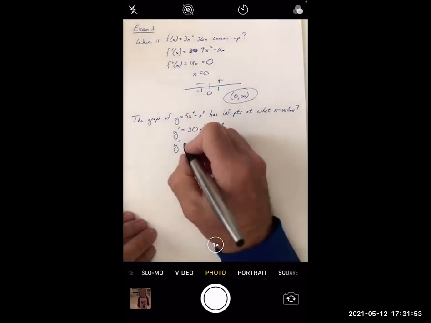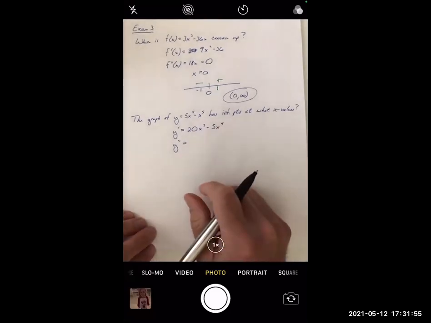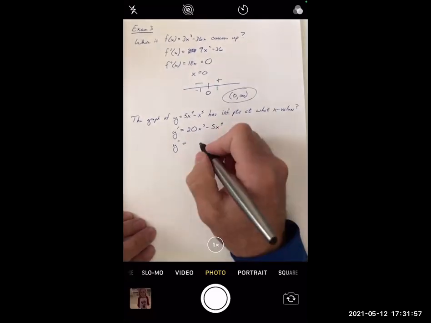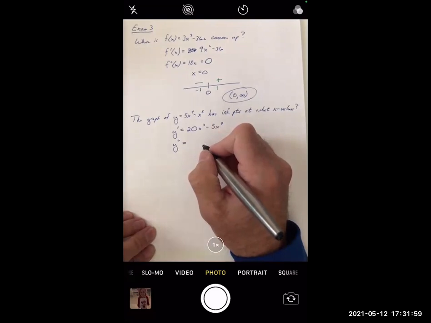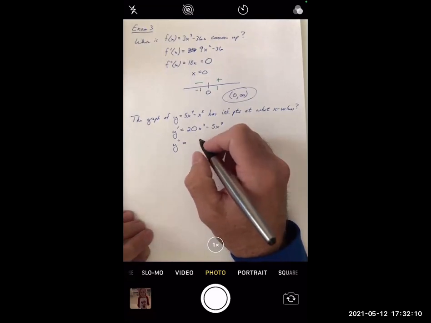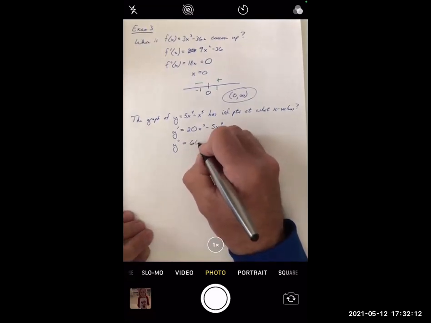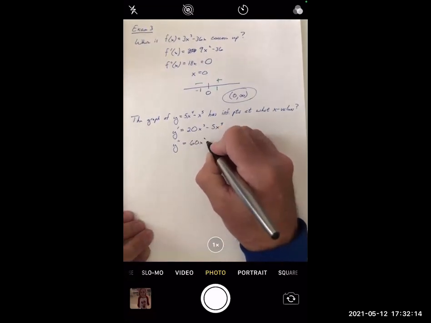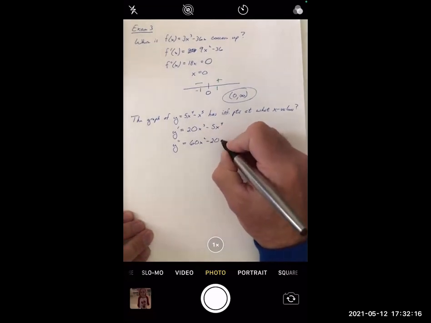Okay, and then your second derivative? 60x squared minus 20x to the 3rd.